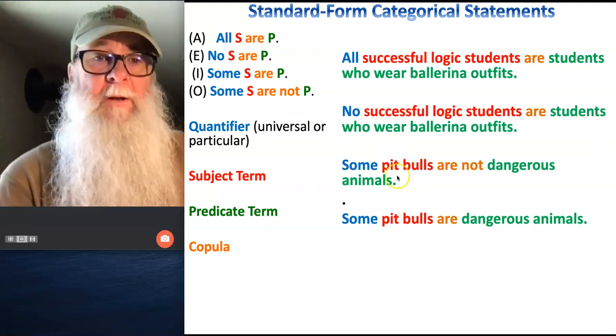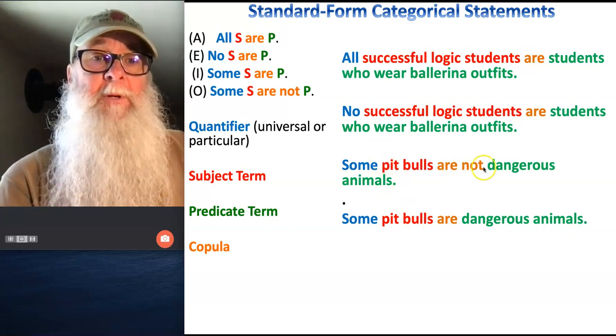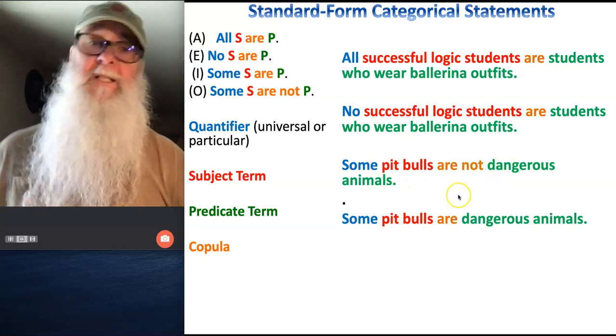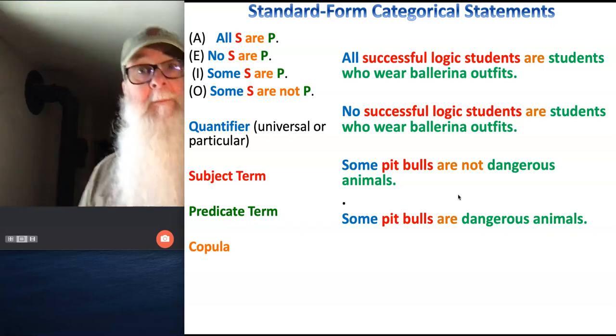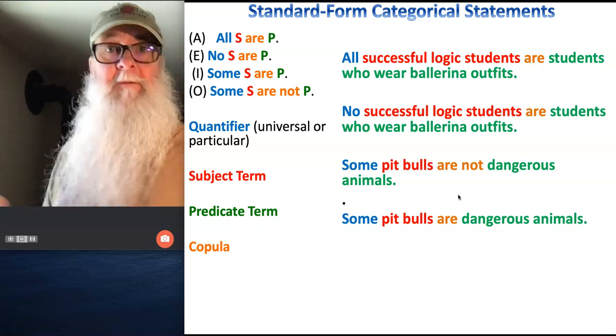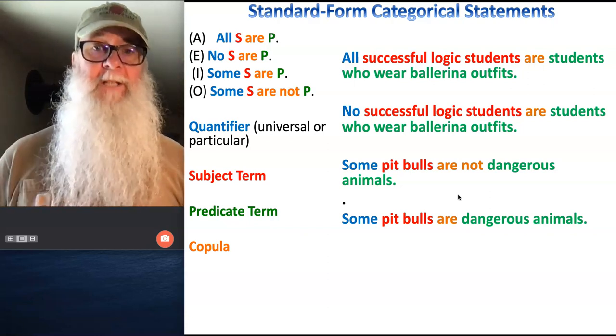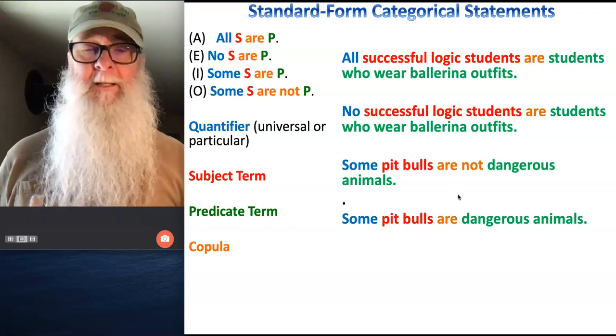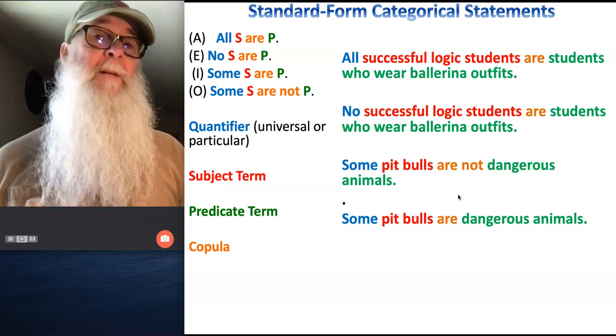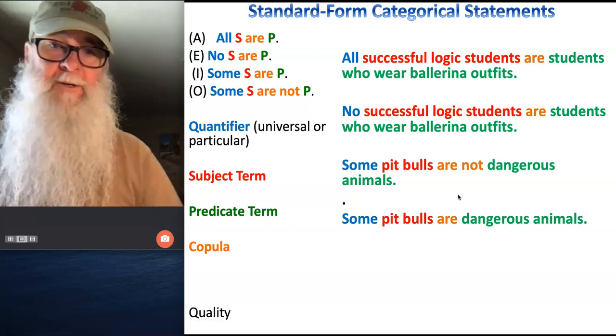Okay? Down here we have some pit bulls are not dangerous animals, and that's telling us that some number of pit bulls are being excluded from this category of things called dangerous animals. So our copula couples our subject and predicate categories.